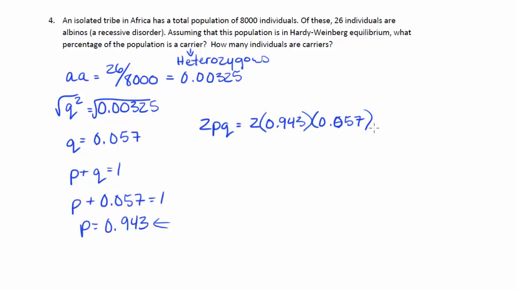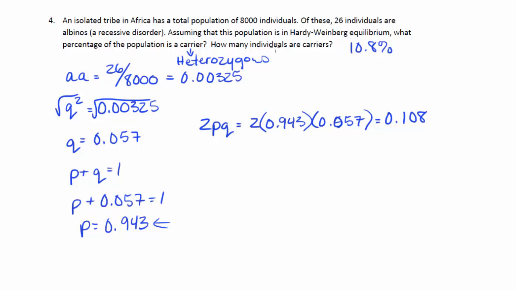If we solve that, we get a carrier, or heterozygous, frequency of 0.108, which is 10.8%. We're asked for the percentage of the population that's a carrier, so we convert the frequency to a percent.